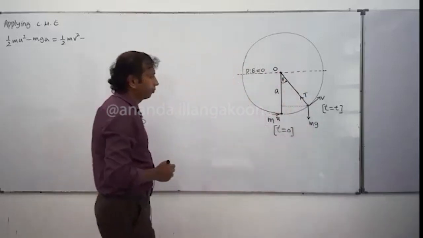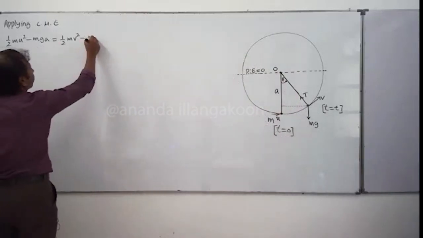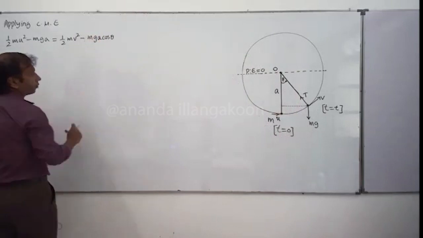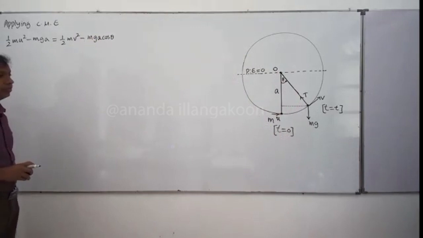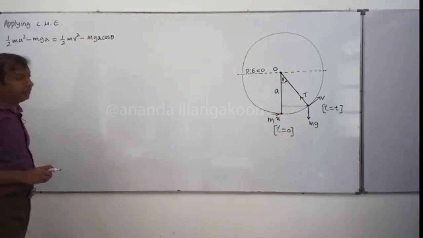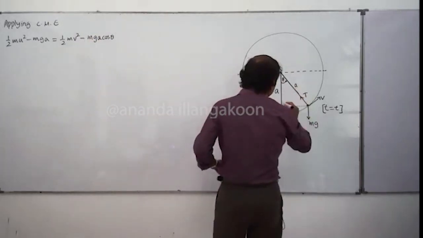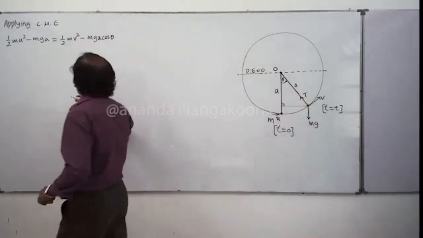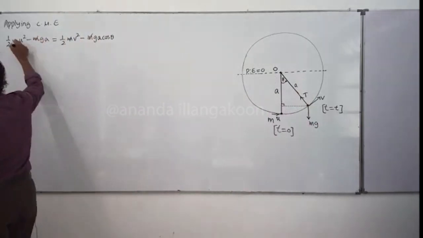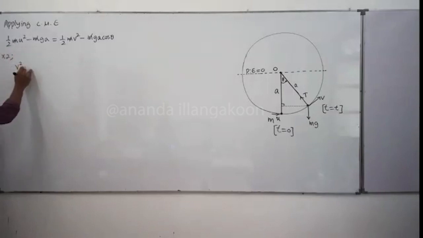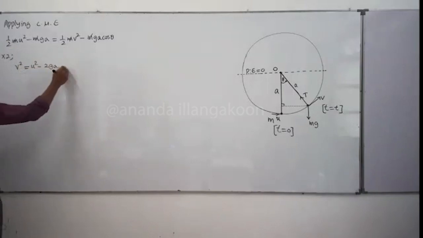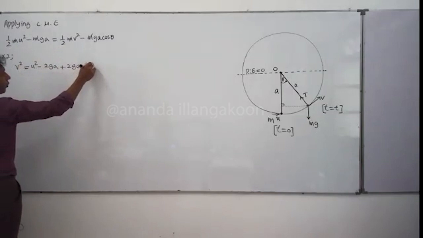It is a cos theta, but minus. Right, the radius is a, no? Then we can find this v squared first. Cancel this m, multiply by 2. Here we have v squared equals u squared minus 2ga plus 2ga cos theta.